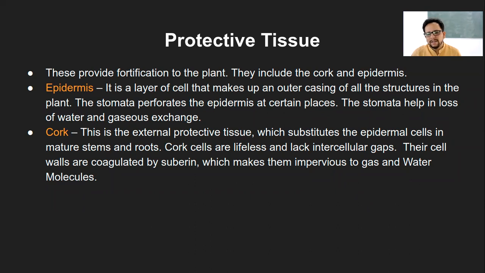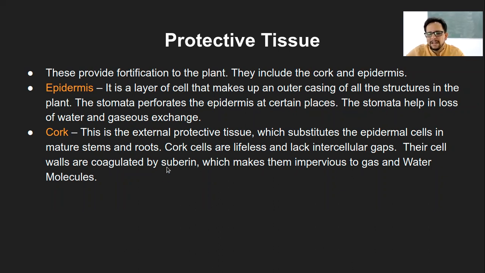The speciality of these cork cells is that their cell walls are coagulated by suberin. Suberin is one type of biomolecule, like you have resins, or lignin which you saw earlier in sclerenchyma.